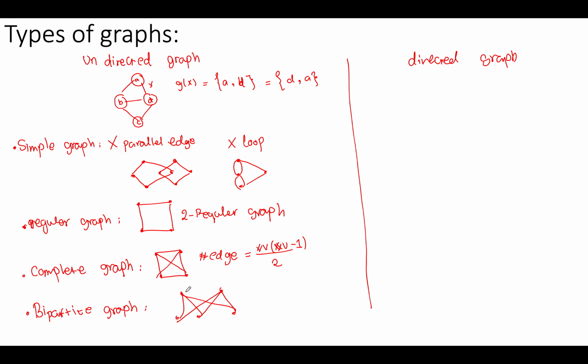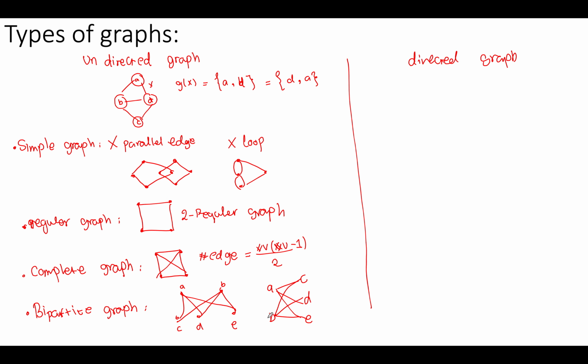If we call these A, B, C, D, and E, and separate those vertices into two groups, then A has a connection to C, D, and E, and B also has connections to C, D, and E. So the elements of one group are not connected to each other.